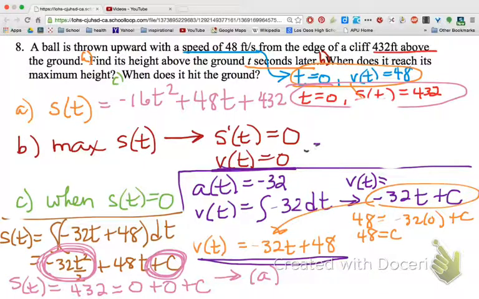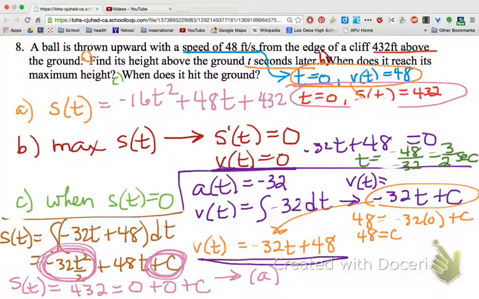So I'm going to take negative 32t plus 48, set it equal to 0, and when I do, I get t equals negative 48 over negative 32, which reduces both by 16, so I get 3/2. And remember, that's 3/2 second because it's time, and it wanted to know when, so at 1.5 seconds.